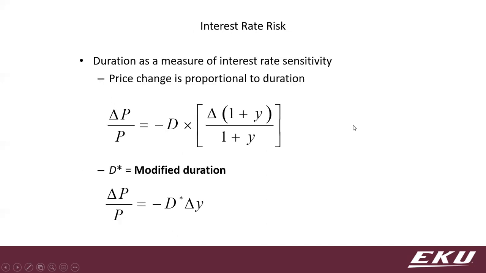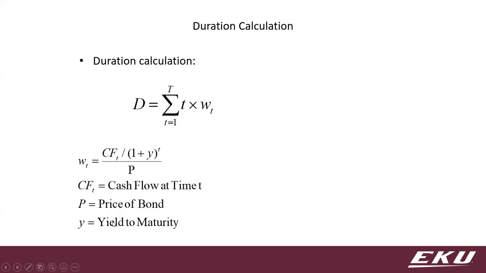Okay. This right here is the price change that we are going to receive, right? Which is this duration that we have, right, times the change in this interest rate, right? Because if we look at the Y before, that was our yield to maturity, right?